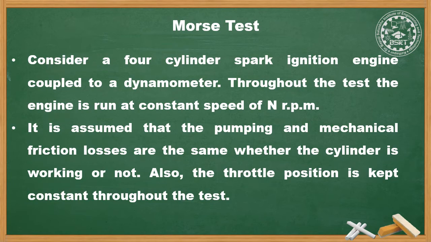As I discussed, the Morse test is done only for multi-cylinder engines. In this, it is also assumed that friction losses are the same whether the cylinder is working or not.